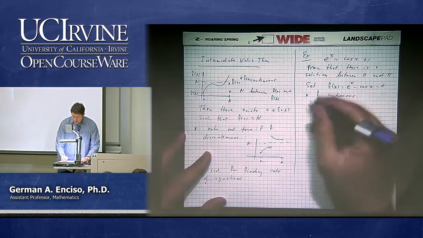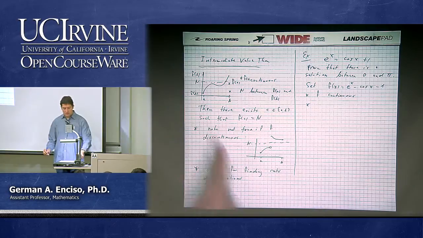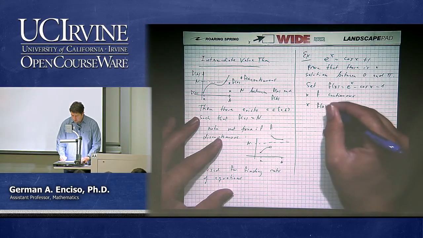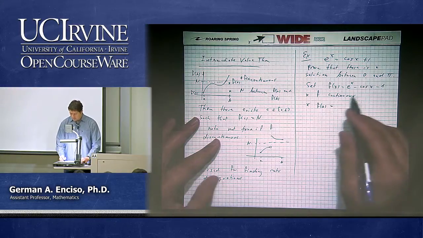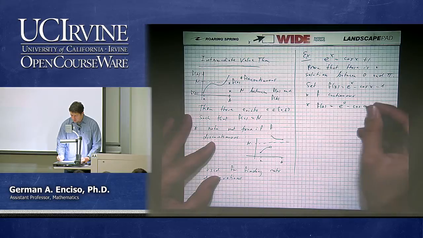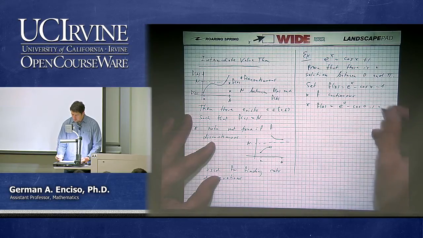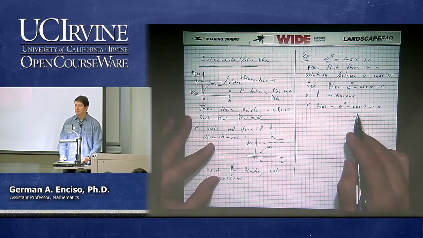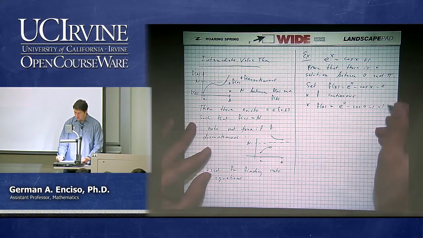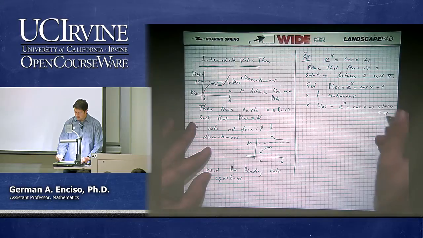Now the second thing is we want to evaluate the function at different points. For example, at 0, the function has value e to the 0 minus cosine of 0 minus 1. So e to the 0 is 1, cosine of 0 is 1, and this is minus 1, so the whole thing is 1 minus 1 minus 1, which is equal to minus 1.